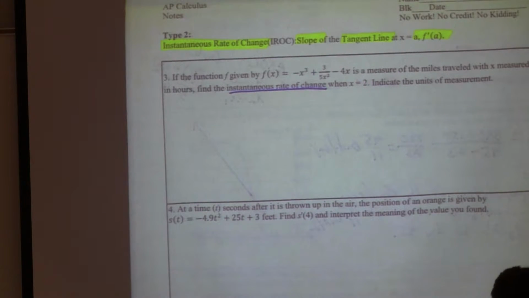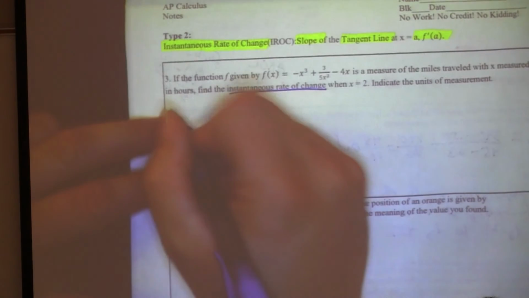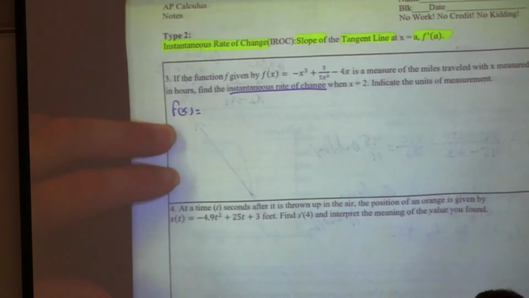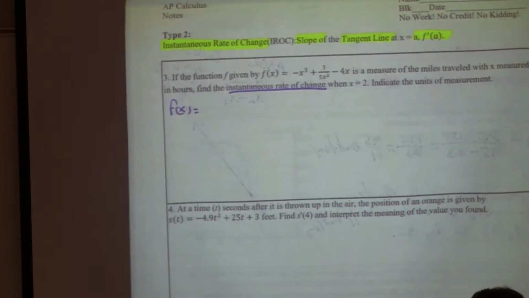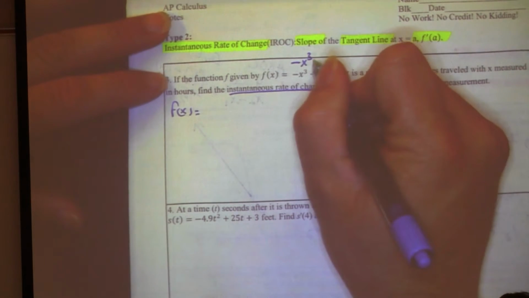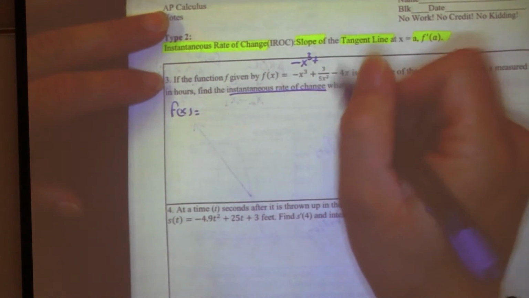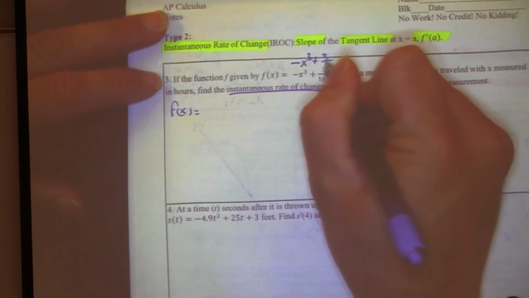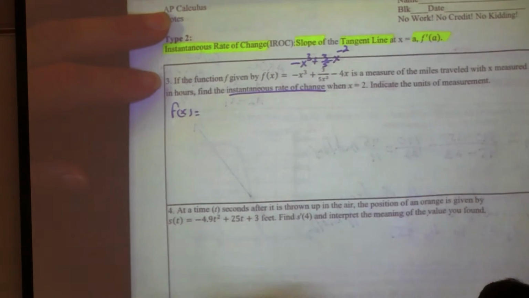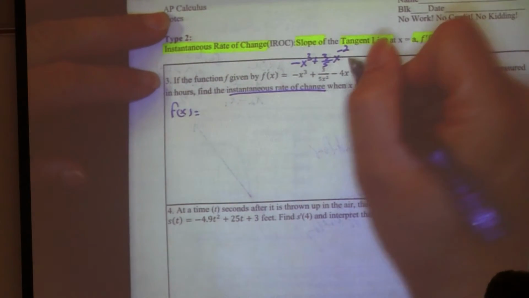So let's go. What is the derivative of this guy? Let me rewrite it first before we take off. I'll rewrite it up here. So this is negative x to the third plus 3 over 5, like that, and then I'm going to put x to the negative 2.